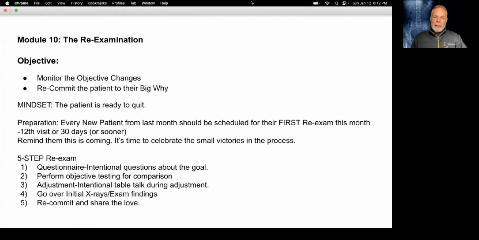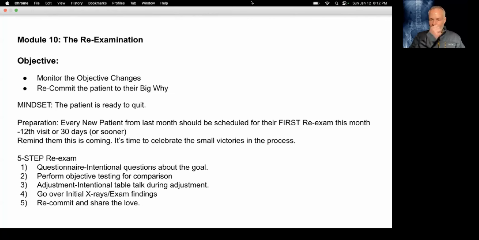Staff would bring them into the room, and we had a team that did the majority of the re-exam. So the doctor's part of this re-exam was very, very minimal. So they would perform the objective testing. We did bilateral scales, ranges of motion, posture, and we actually used a thermal scan for our re-exams. And that would be again compared to the testing we did on day one. So that would all be done before the doctor came into the room.